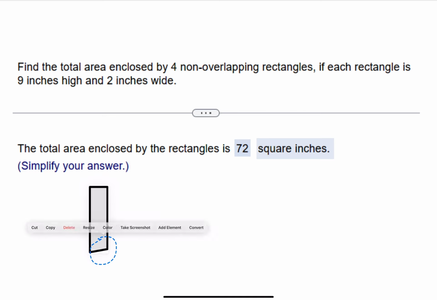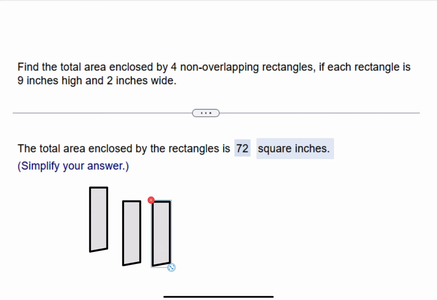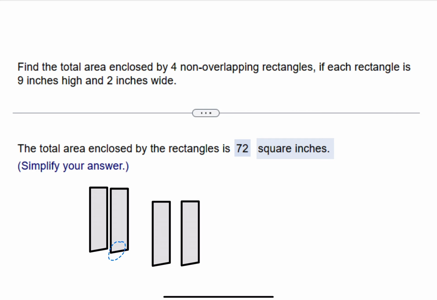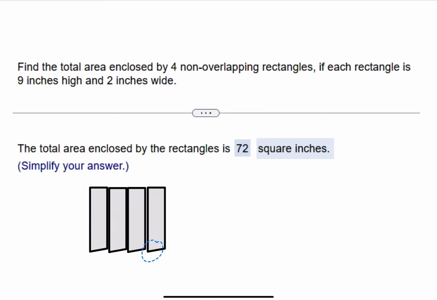So there are 4 rectangles here. I'm going to copy this and paste it for 2, 3, and 4. These 4 rectangles are one next to each other and not overlapping. This not-perfect rectangle is kind of bothering me, so let me make these perfect rectangles, with straight lines at the bottom.